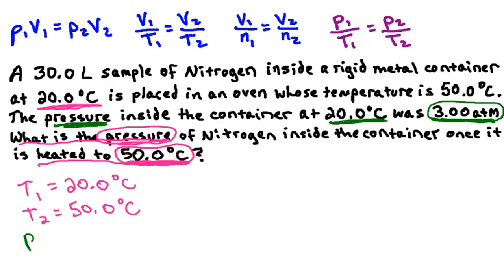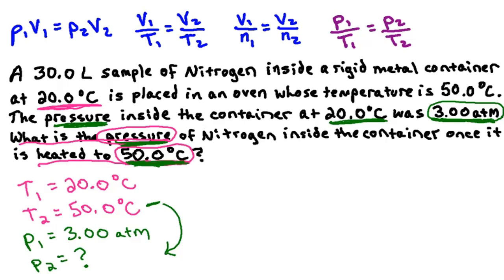So that's going to be P1. And then the question asks, what is the pressure of nitrogen inside the container once it is heated to 50 degrees Celsius? So once we have T2, the 50 degrees Celsius, what is the pressure going to be? That's going to be P2, and that's going to be our question mark.